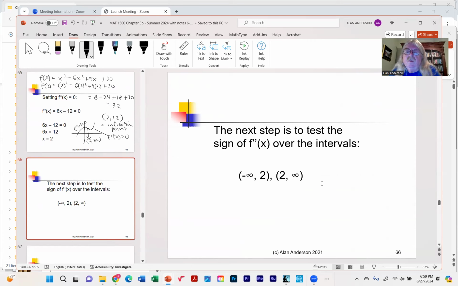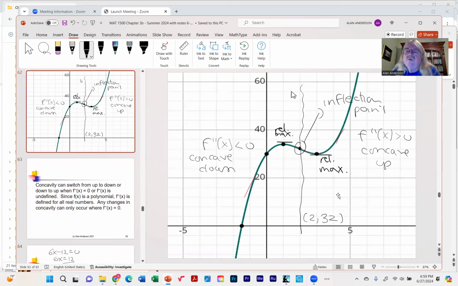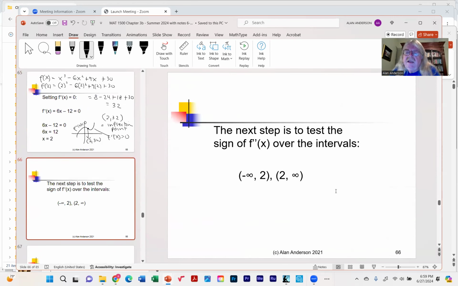Now, of course, if we don't have the graph in front of us, what we can still do in order to determine which region is concave up and which is down is look at the sign over those two intervals. Remember, we determined that f double prime of x is 6x minus 12.